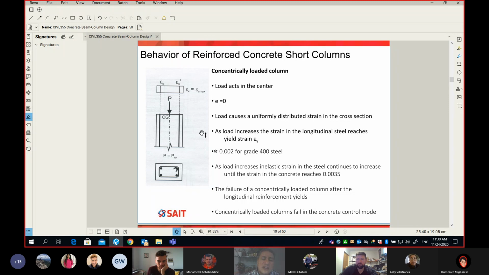So far, you've seen 2 letters. You remember the letter M and the letter V? What was M? M was moment: M sub R and M sub F, the factored moment and the moment capacity.